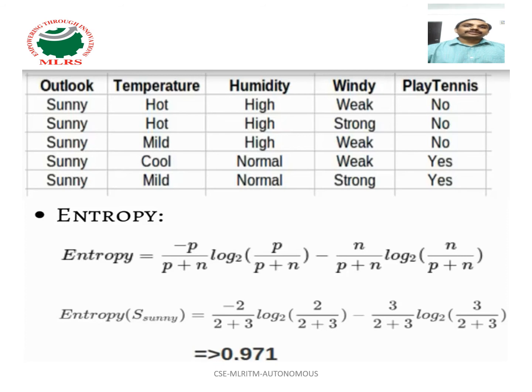So how many values are there? 5 values. Out of those 5, 2 are positive and 3 are negative. So minus 2 by 5 log of 2 by 5 minus 3 by 5 log of 3 by 5 with base 2. By calculating we get the value 0.971.